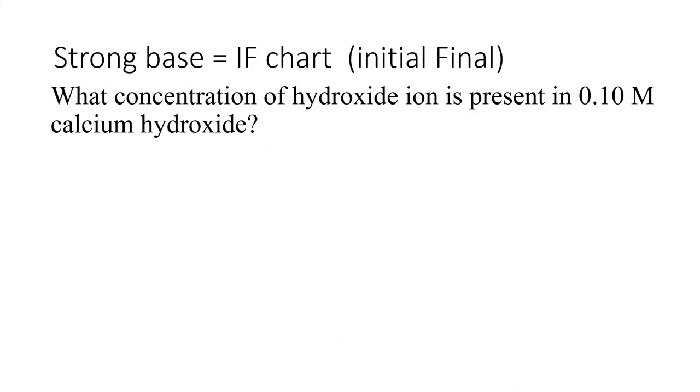So likewise, if I have a strong base, we're going to use the ICE chart, the initial, change, final. Looking at the example, what concentration of hydroxide ions are present in a 0.1 molar solution of calcium hydroxide? So first we need to write the ionization of calcium hydroxide. Notice that we have 2 hydroxides for this one, so we're going to end up getting 2 of my ions.